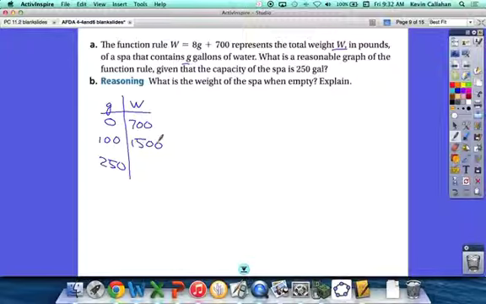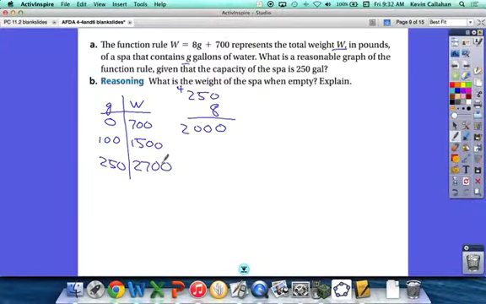What's 8 times 250? That's why we do all this multiplication stuff. 8 times 250 is 2,000, plus 700, 2,700.